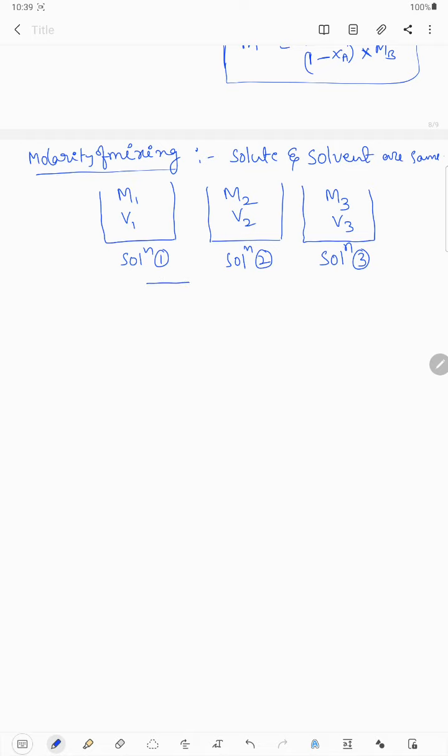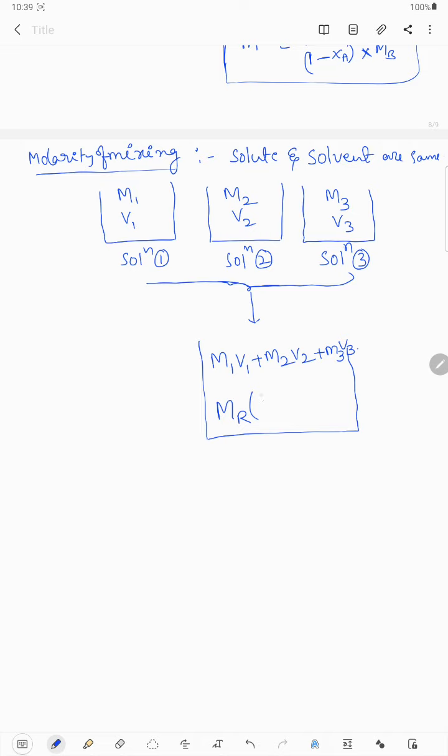Now when we mix these 3 solutions, the resulting molarity is given by M1 V1 plus M2 V2 plus M3 V3 equals Mr into V common, which is V1 plus V2 plus V3.